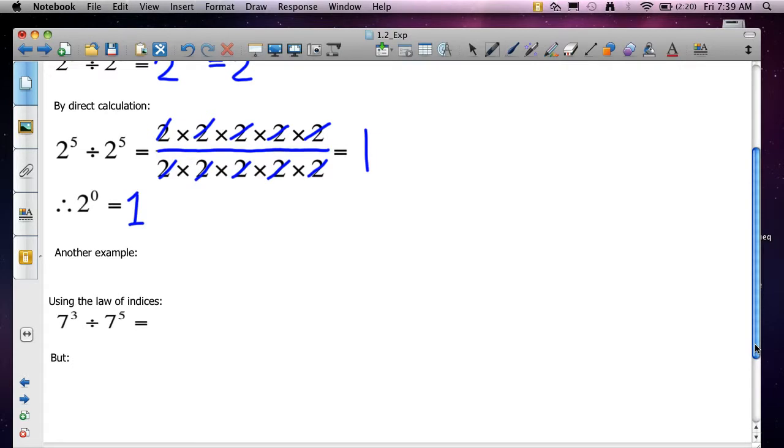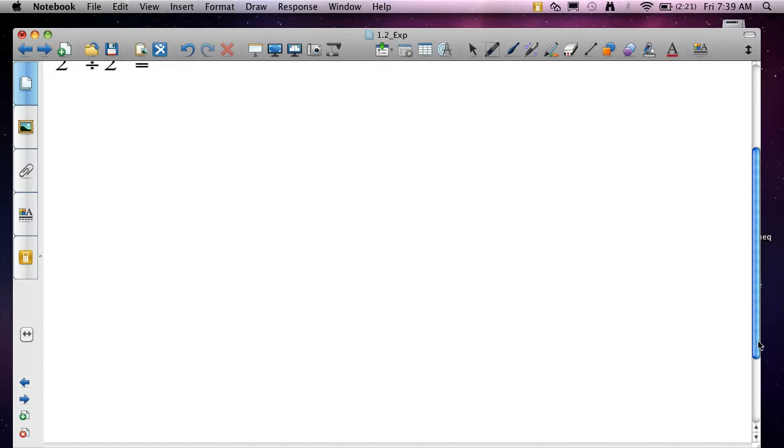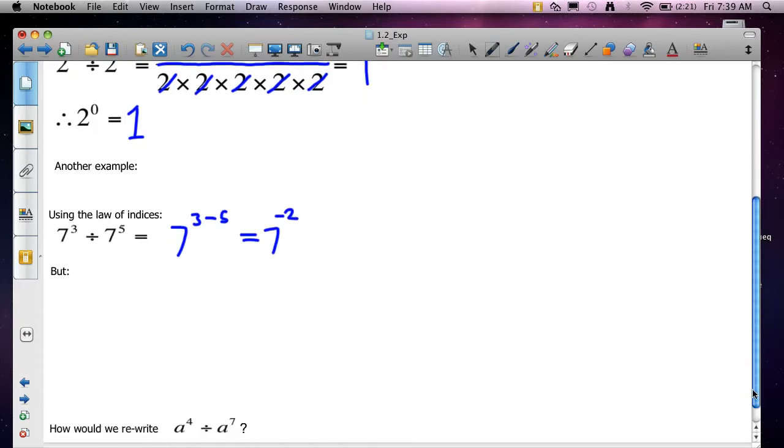So if I move ahead and take a look at an example where I have 7 to the third divided by 7 to the 5th, if I use the law of indices, then I have 7 to the 3 minus 5, which means I have 7 to the negative 2nd. Here's the funny thing about exponents.